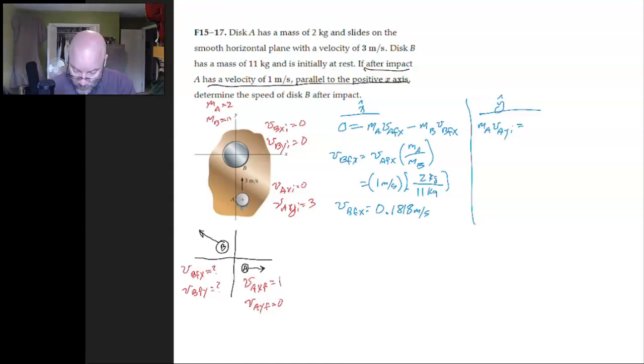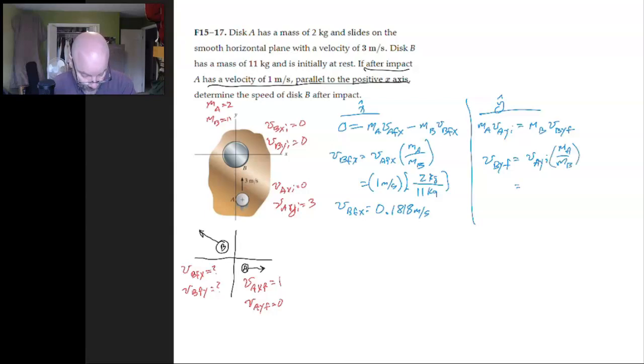So we'll put that in here. VB Y final. Okay, and that's what we're searching for. So we do a little bit of algebra. VBY final is going to be VAY initial times MA over MB.